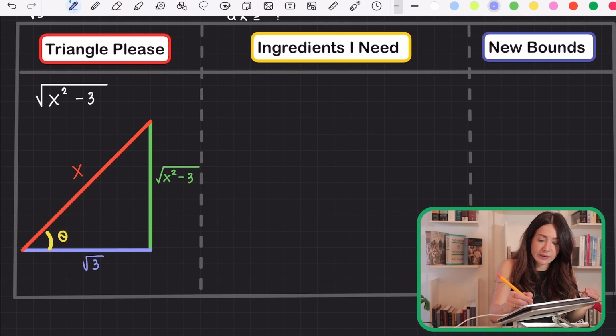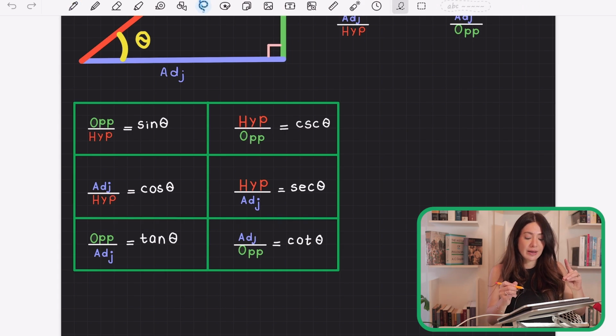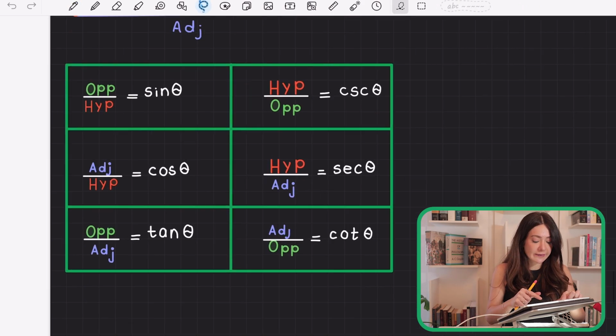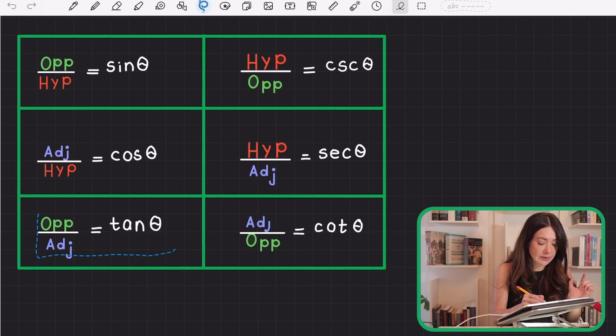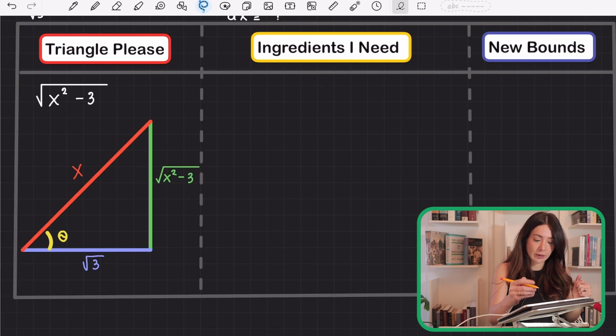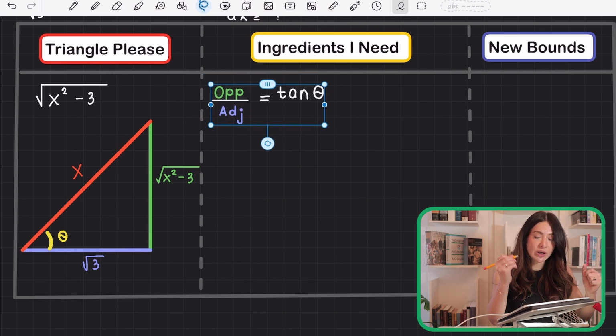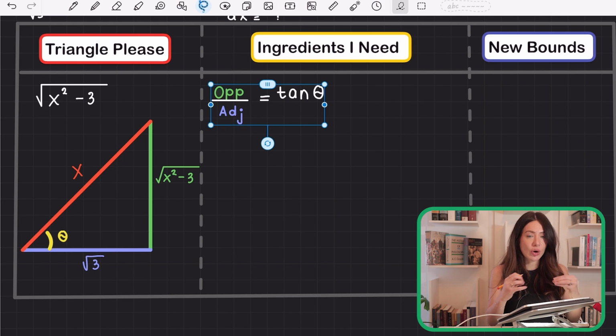Okay, so I'm going to choose my ratio wisely, and I would also like the opposite side to be at the top, so I don't have to flip anything, and this one fits that requirement. So tangent theta is always opposite side over adjacent.